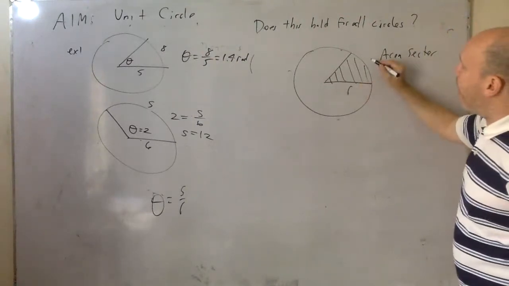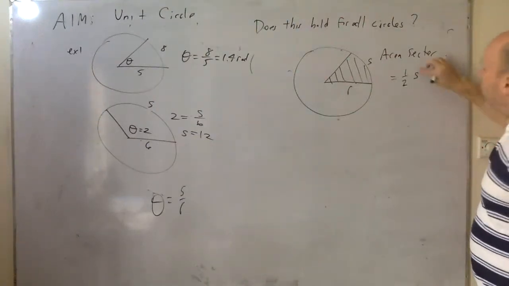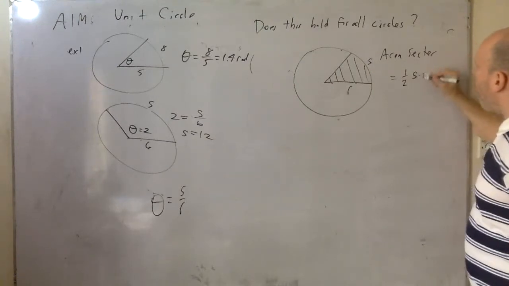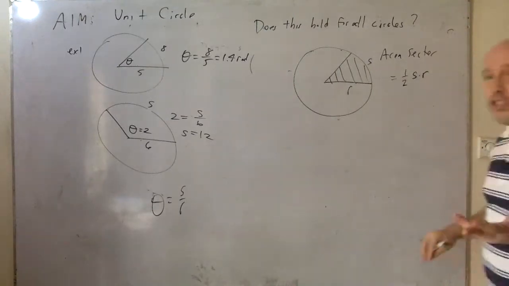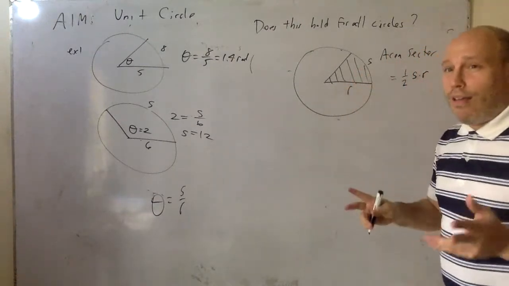Actually this saves you a lot of time. We have this formula, theta equals s over r. And we said, okay, given a radius and an s, it's 1/2 s times r, because I joked that it's like 1/2 the base times the height.